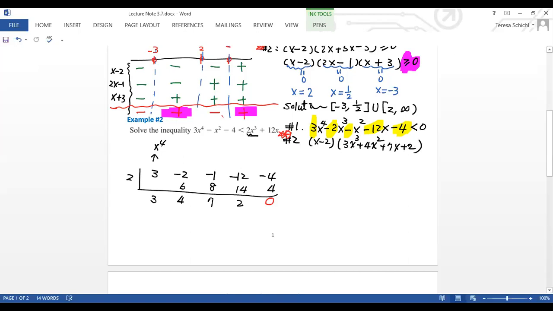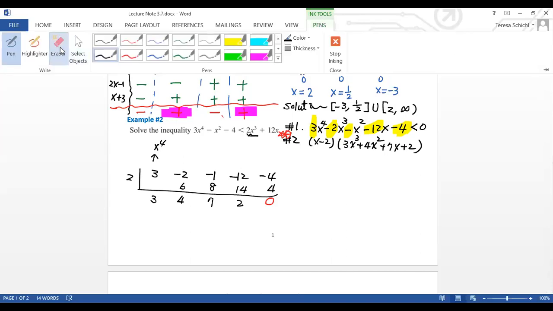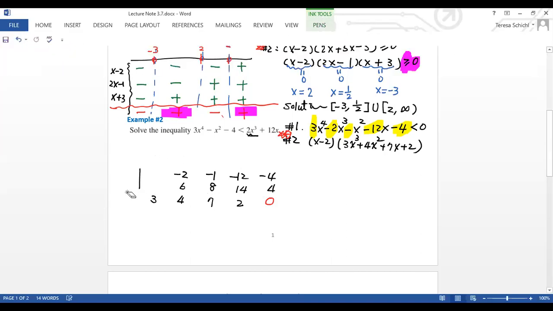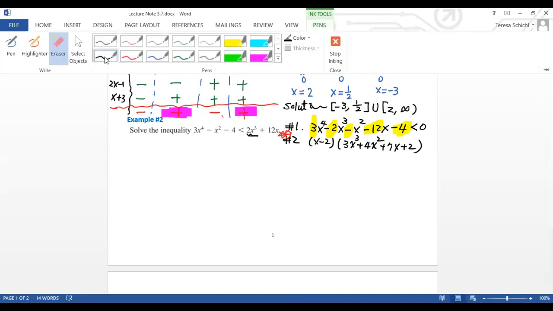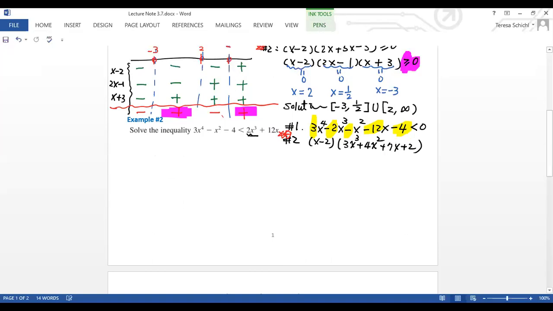Okay, so this will be my other one here. Now I can try different things. Because I know the constants here are 3 and 2, so this is 3, 4, 7, and 2, right?